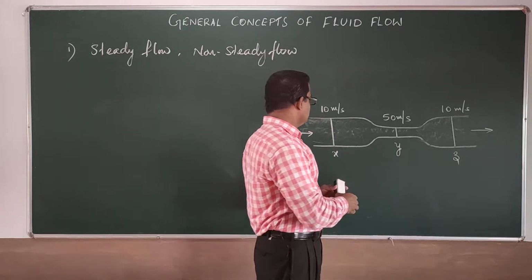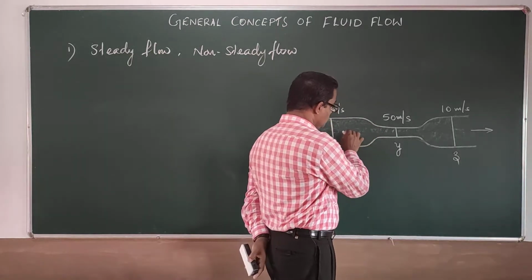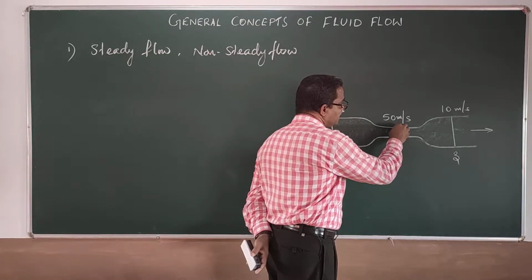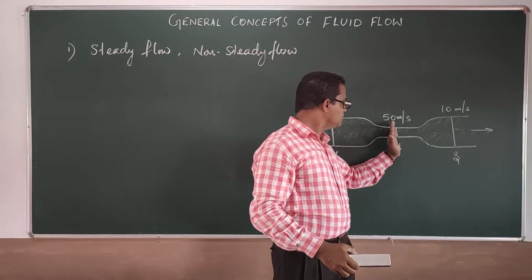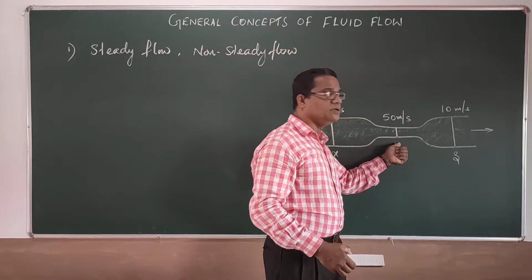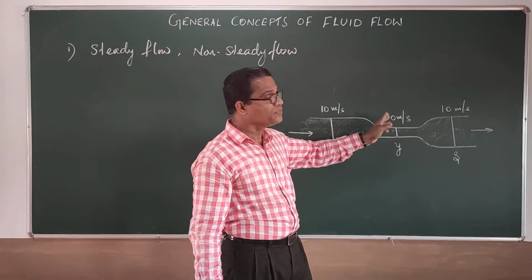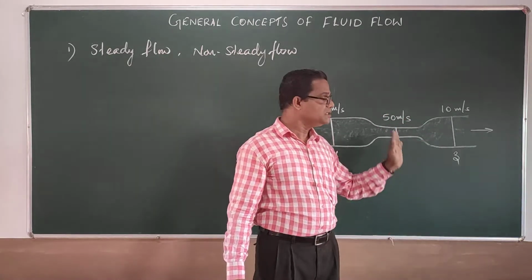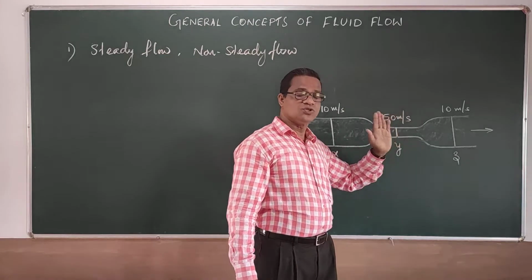As it is going, its speed will be changing, but when the particle reaches this particular point, all the particles crossing this cross section are going to have the same speed. Whatever the speed before that or after that is not a problem.